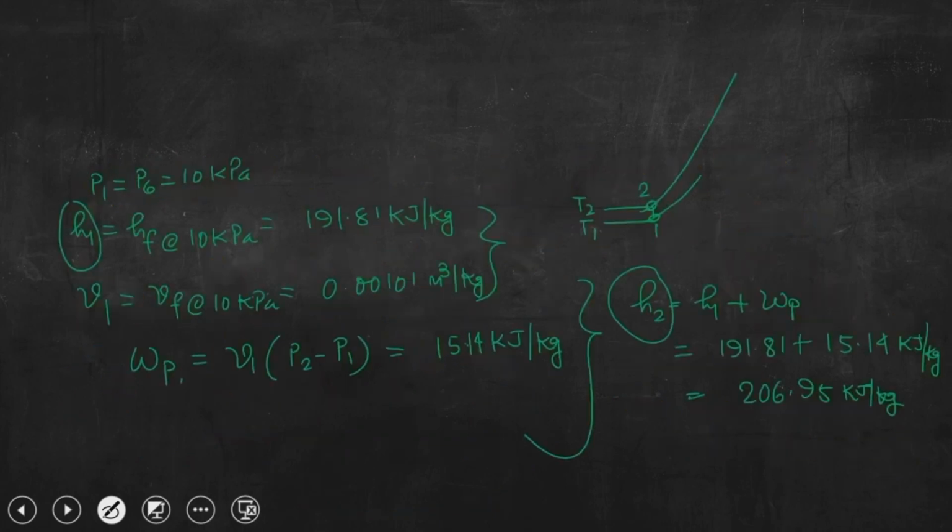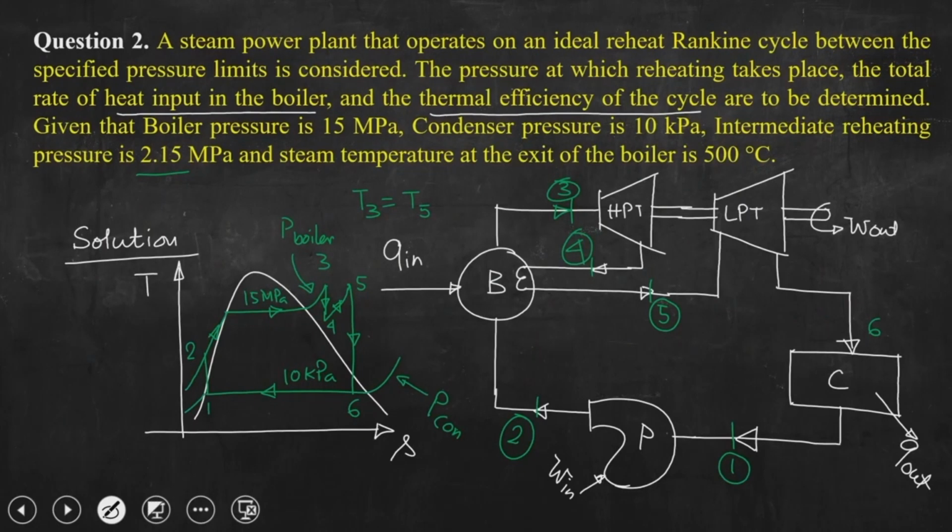The common sense is, if you continue expansion in the first stage or high pressure stage turbine up to that point, which is 4, and if point 4 is inside the vapor dome, then again there will be some phase change heat transfer, then again it would be heated in the superheated regime.